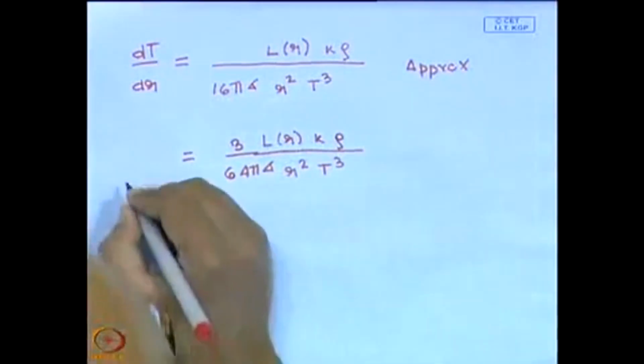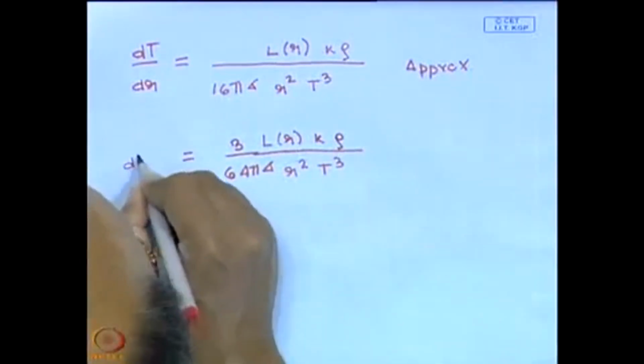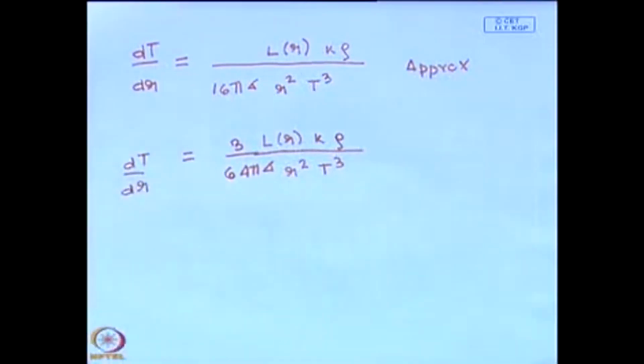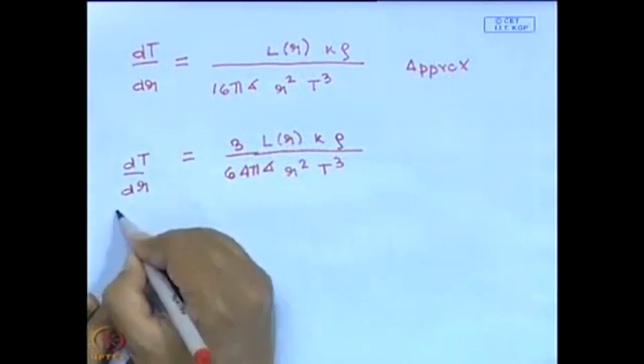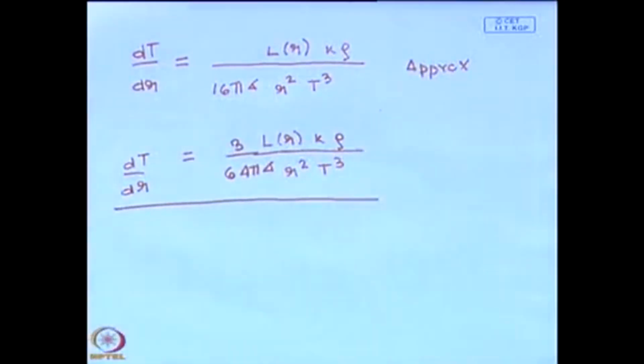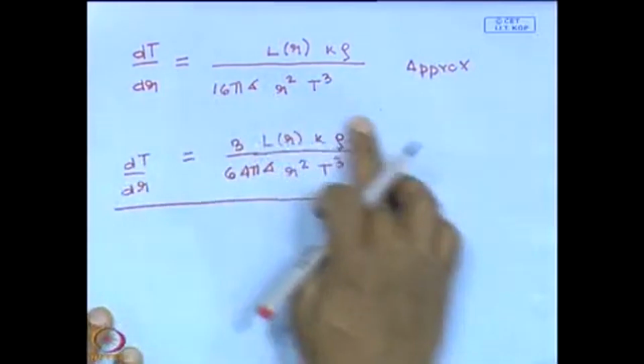Okay, this is the temperature gradient. Okay, so this completes the 4 equations which one has to solve in order to determine the structure inside a star.